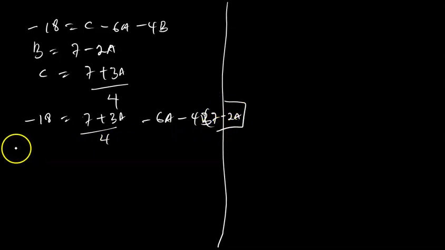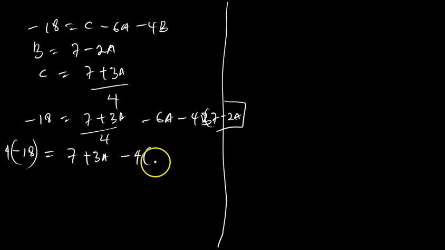So minus 18 now will be the same thing as, let's multiply through by 4 to eliminate the 4 under here. So I have 7 plus 3a minus 4 into 6a. Then I will have 4 times minus 4, that will be minus 16 into 7 minus 2a.